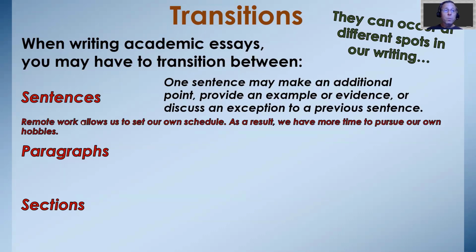So here we have two sentences. Remote work allows us to set our own schedule, and as a result, we have more time to pursue our own hobbies. This is a cause and effect relationship, and we have the phrase as a result, which indicates cause and effect.